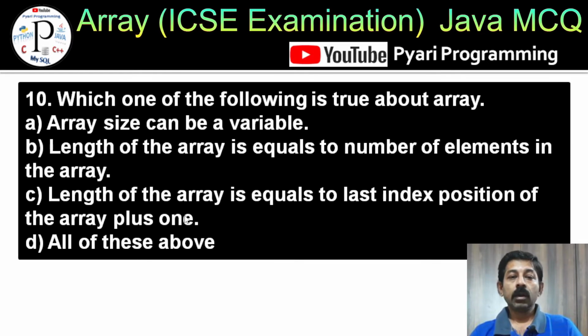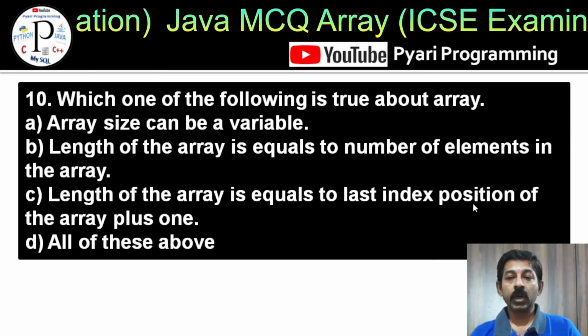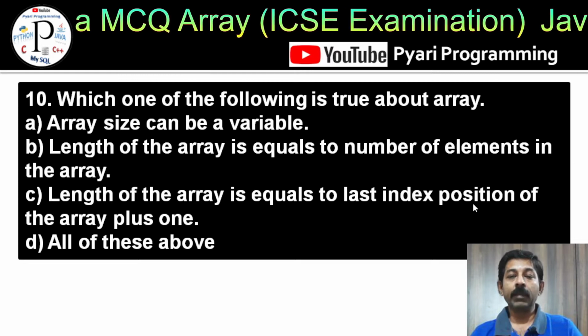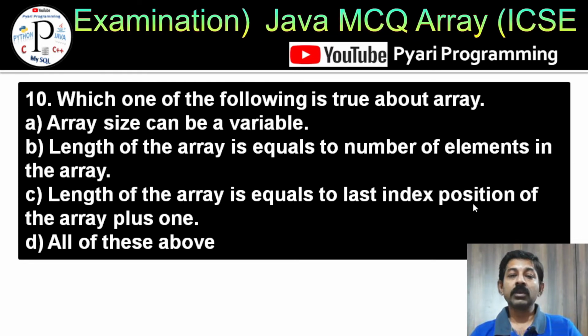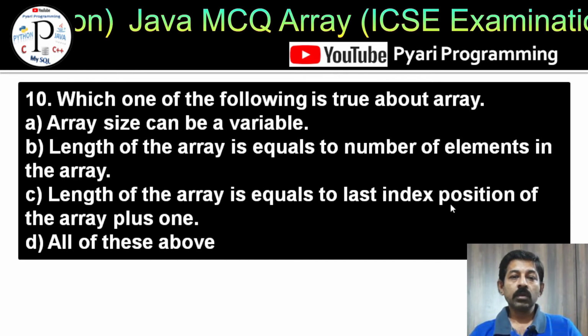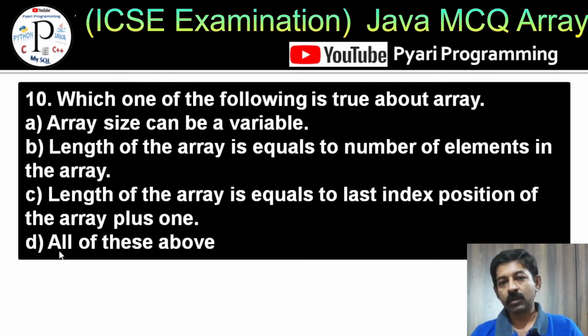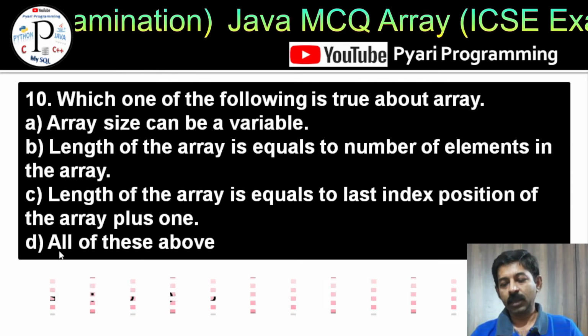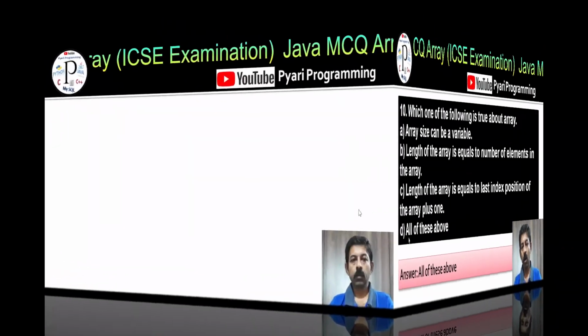Yes. Now it says length of the array is equal to the last index position. If I have 5 elements, then the length is 5, but the last index position is 4 because it starts from 0. So in this case, my answer is all of the above. What is your answer? I think your answer is also the same. Let's move to the next one.